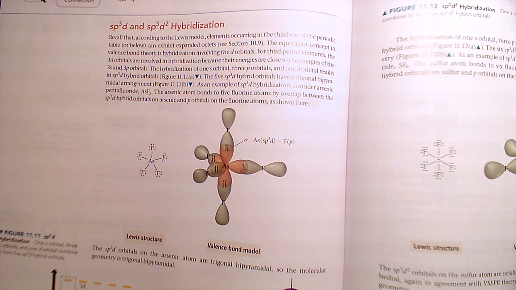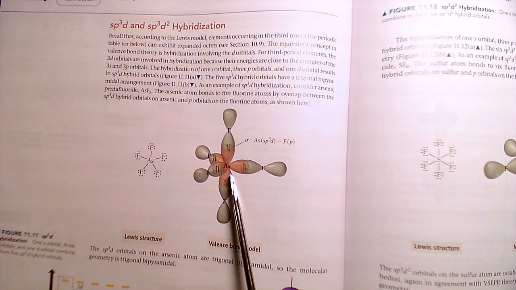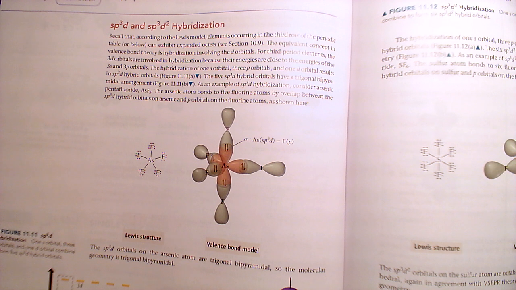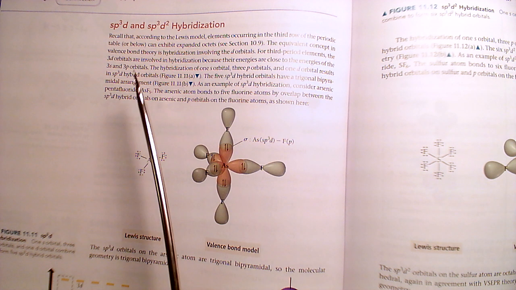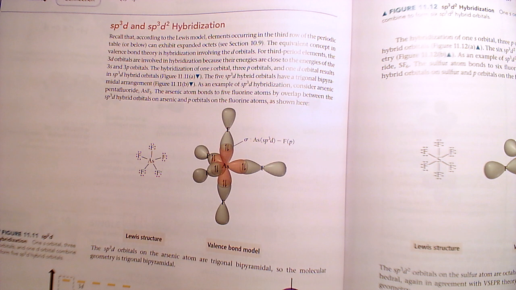As we've said before, you can expand the octet if you dip into the d orbitals, so we're going to hybridize a d orbital in here. If you have trigonal bipyramidal geometry, that's going to be sp3d hybridization. If you have octahedral geometry, 6 groups coming off a central atom, that'll be sp3d2 hybridization.